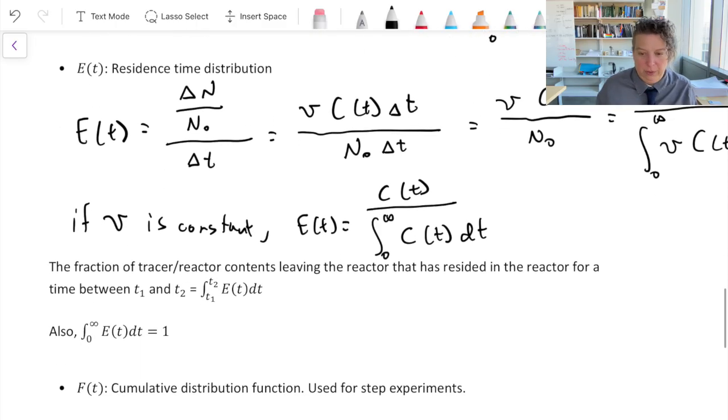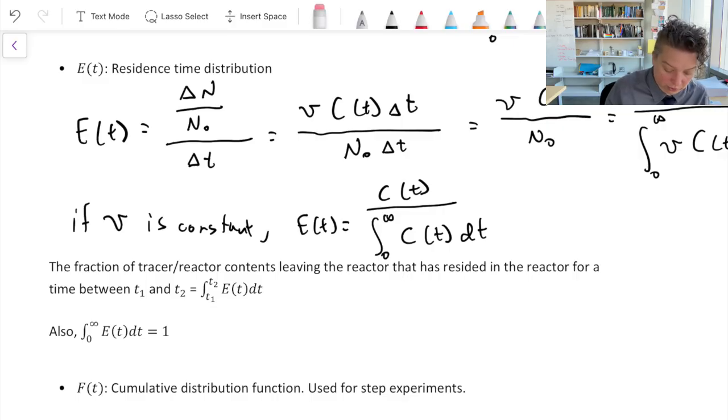If we want, we can now use this E of t curve, this residence time distribution, to determine the fraction of tracer, and hence reactor contents, that leave the reactor after having resided in the reactor for some amount of time. So for example, if we want to know the amount of reactor contents that reside in the reactor between time 1 and 2, we can integrate the residence time distribution between T1 and T2.